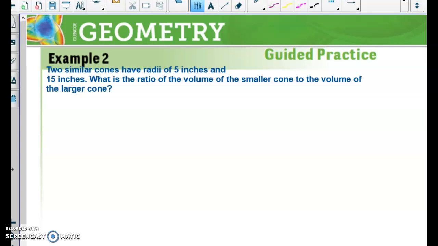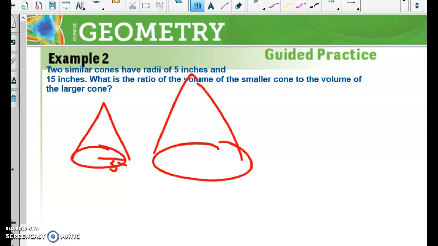2 similar cones have radii of 5 and 15. What is the ratio for the volume? So if we take our side ratio, or radius ratio, which is a length, and we can simplify that down to 1/3.